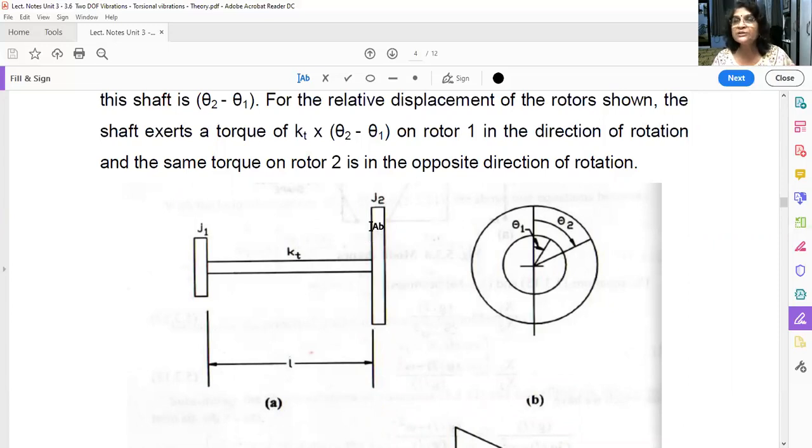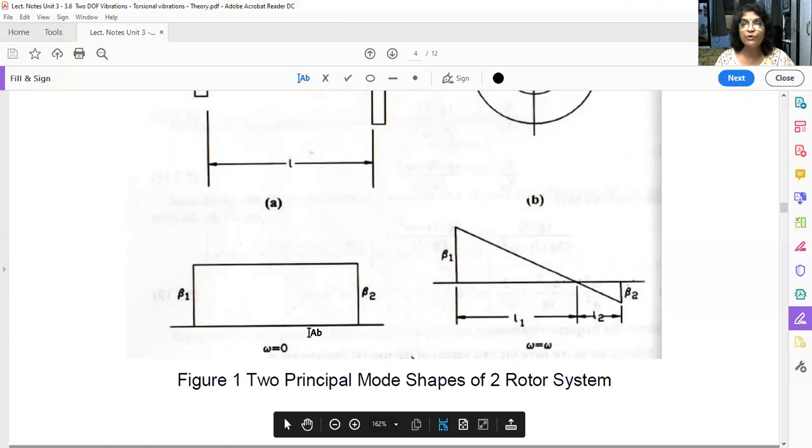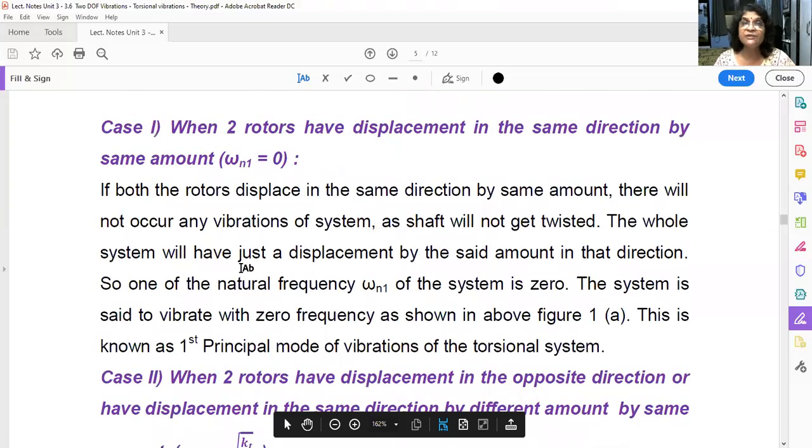Here I2 is having greater displacement. So first you show the restoring torque in the opposite direction of motion for rotor 2, and opposite to that torque we can show it for rotor number 1. Now this we will study later on, because these two diagrams we have to draw after we get the mode shapes.